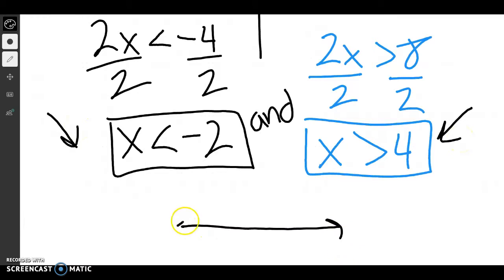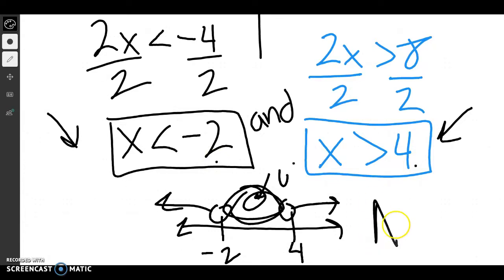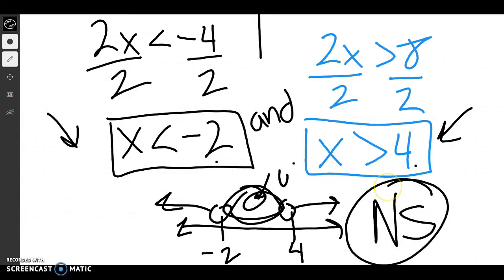When you graph that, you're like, okay, I need things bigger than 4, but things that are smaller than negative 2. And you don't get anything in the middle here. And this is like the uh-oh. Because this is what we want, this area, but we have to pick things that are bigger than 4 and things that are smaller than negative 2. So you don't get this middle region. So again, this shows why this would be a no solution.